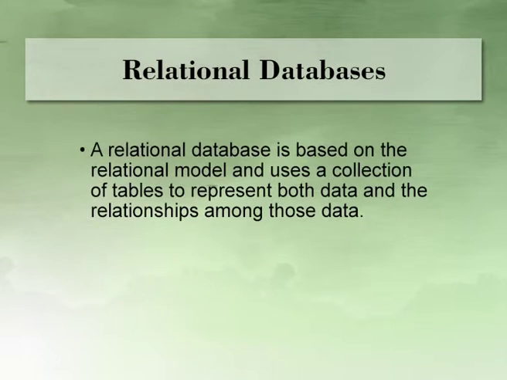The definition is given on the slide. The relational database is based on the relational model and uses a collection of tables to represent both data and the relationships among those data. Whenever we talk about a relational database, we have to define the database name. Under that database, we have to create the tables.